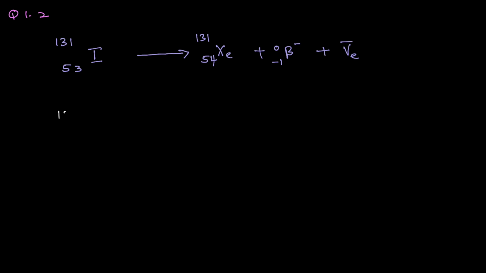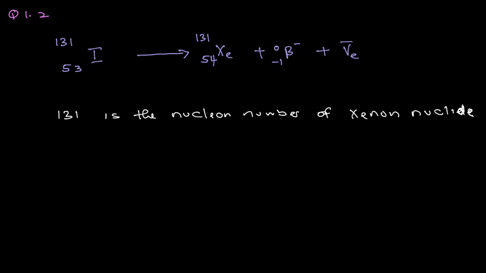In chemistry you say mass number, but in physics we call it nucleon number. So the nucleon number is the mass number, and the mass number is 131.